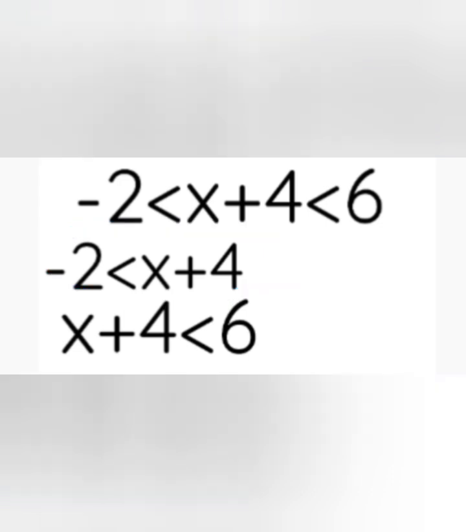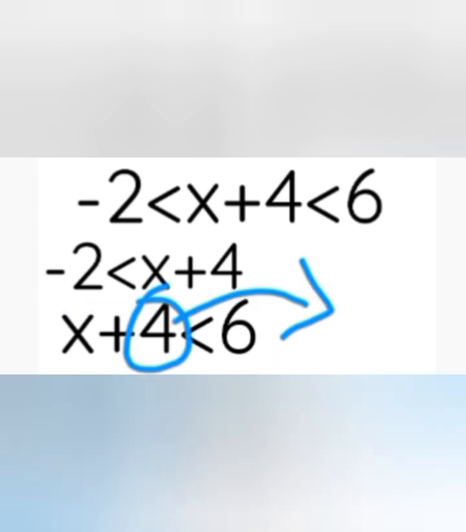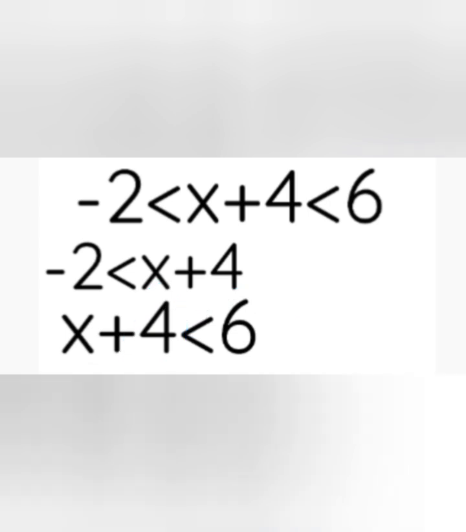We shall take this 4 to the other side. And remember, this 4 here is positive. For this second one, we shall take this 4 to the other side. And again, remember, this 4 is positive. And when we take a number to the other side, our sign must be changed.